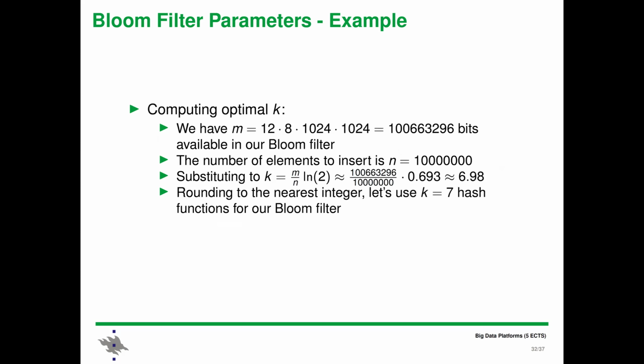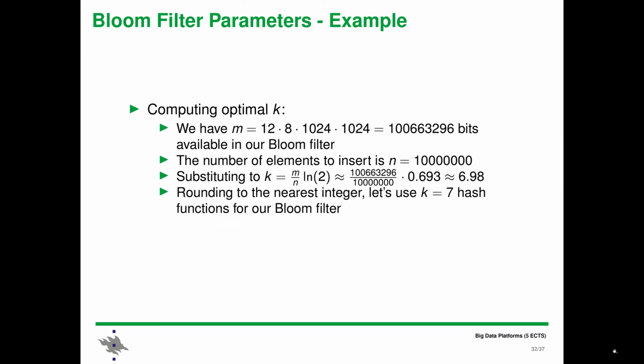And we can just plug in the numbers. So we have 12 times 8 bits times 1024 times 1024 bits. So this many bits, a bit more than 100 million bits. And we're inserting 10 million items there.